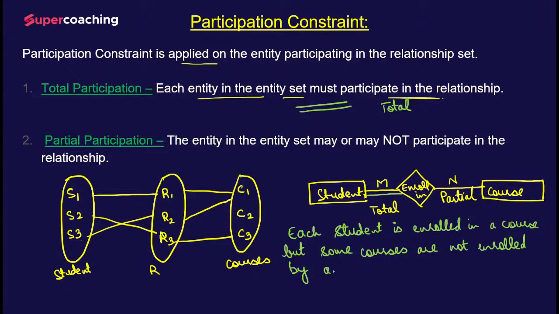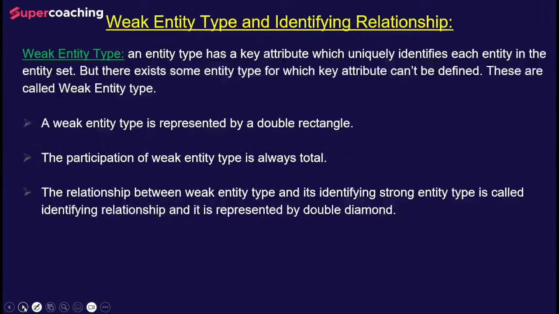There is course 2 which is not taken by or enrolled by any student. Make sense? So this is about the participation constraint.